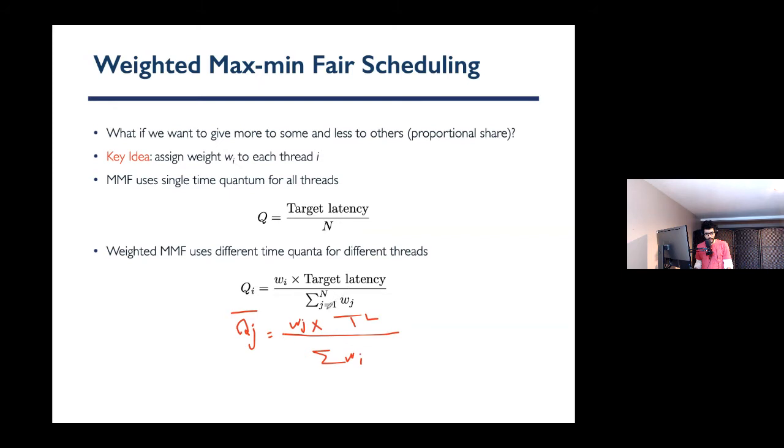The sum of weights is canceled by the sum of weights, and target latency is canceled by target latency. And this becomes basically Wi divided by Wj. So now the time quantum that thread i gets is Wi times the time quantum that thread j gets, divided by Wj. So now they're getting proportional time on the CPU based on their weights, which is exactly what we wanted.